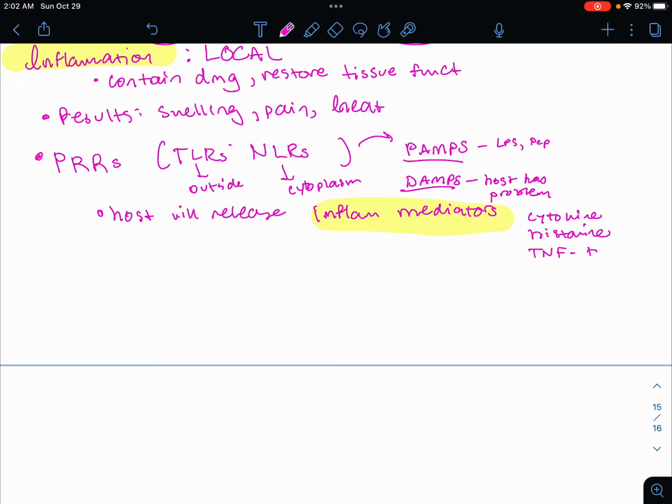Again, that's the tumor necrosis factor. That again ties into the host having a problem. Inducers include tissue and microbe damage. So, damaged tissue.